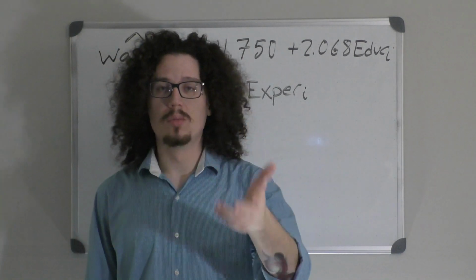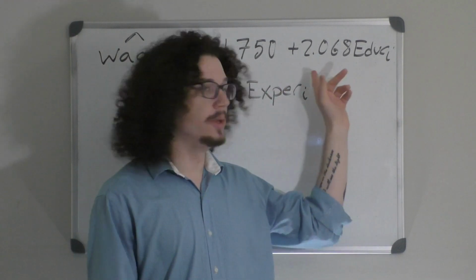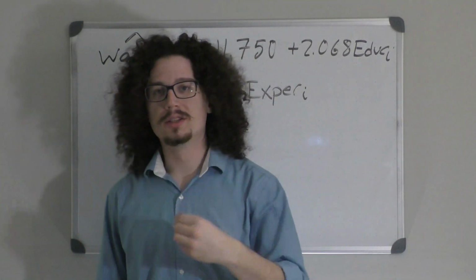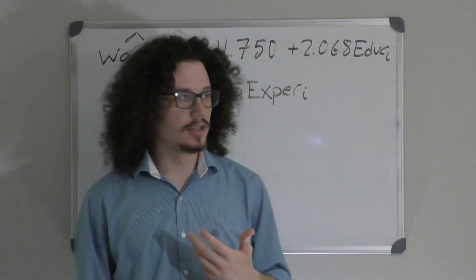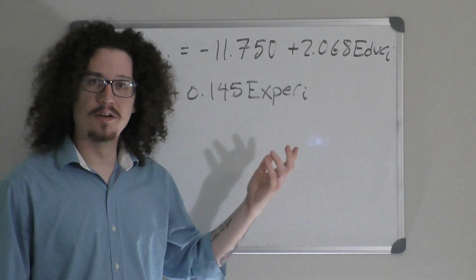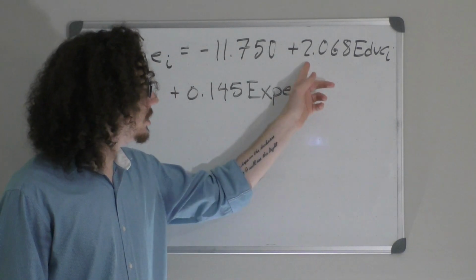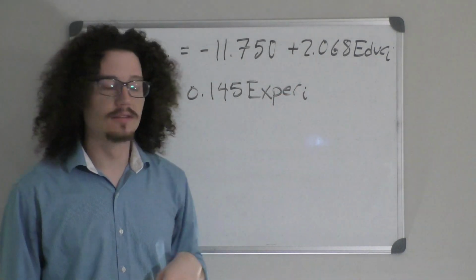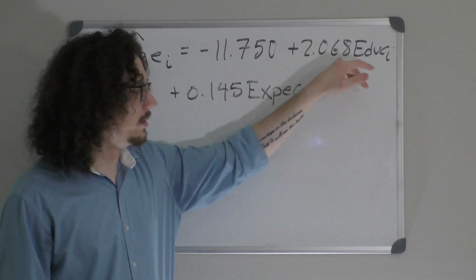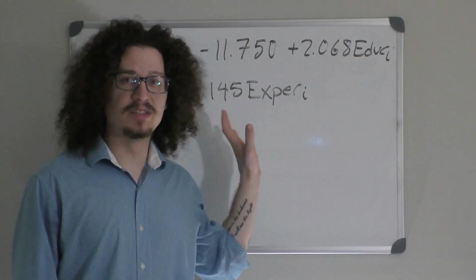So for instance, if we're interpreting the effect of one more year of education, in other words, interpreting B1, then we could say something along the lines of, I would expect an additional year of education to increase wages by $2.07, right? So rounding that up a little bit.